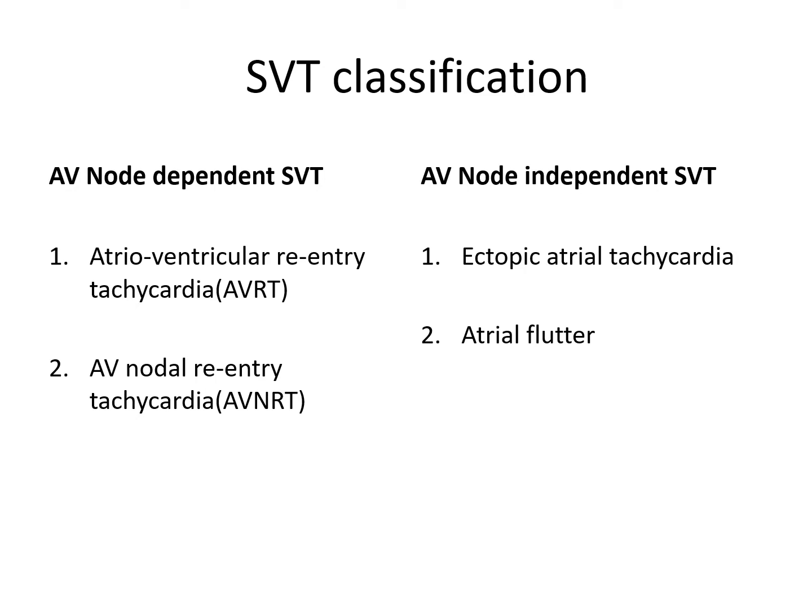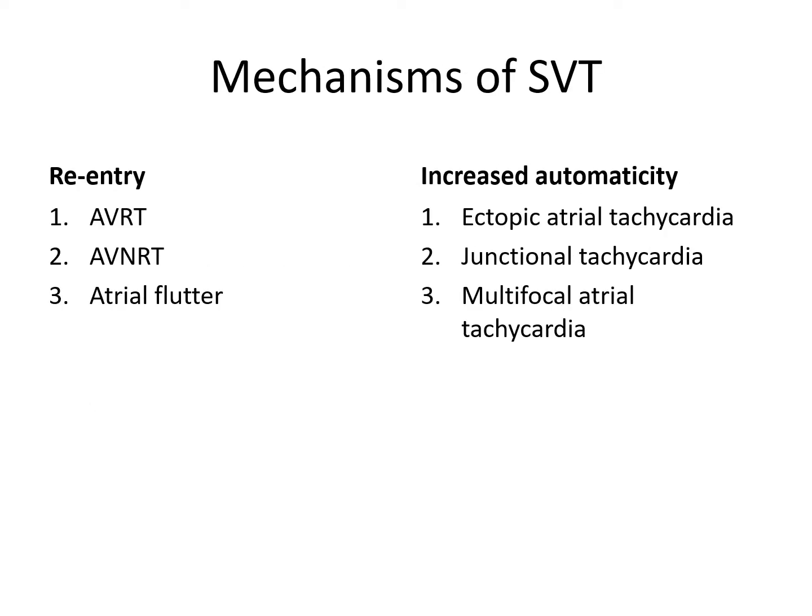The other category is AV node independent SVT, where the generation does not involve the AV node. These include atrial tachycardia, which is due to ectopic foci, so known as ectopic atrial tachycardia or EAT, and atrial flutter. This slide shows the two important mechanisms for generation of SVT.